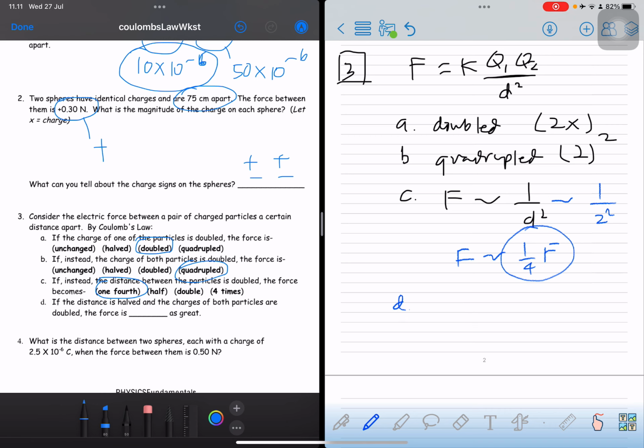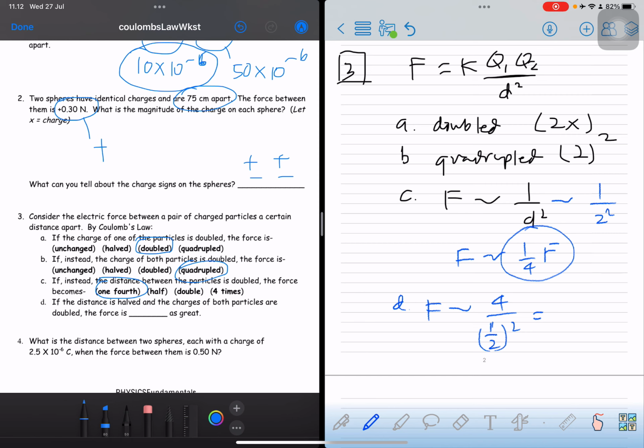And D: if the distance is halved and the charge of both particles is doubled, the force is... Both charges are doubled, so the force becomes 4 times, and the distance is halved, so a half squared.